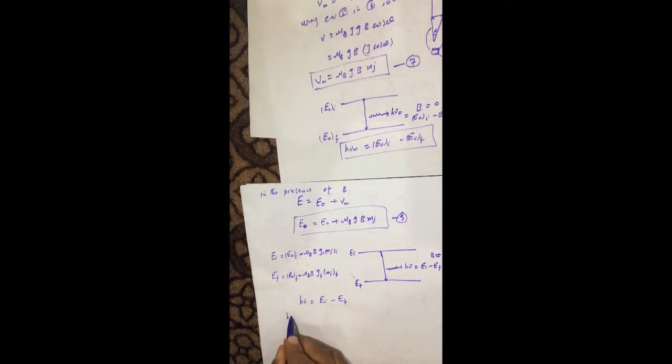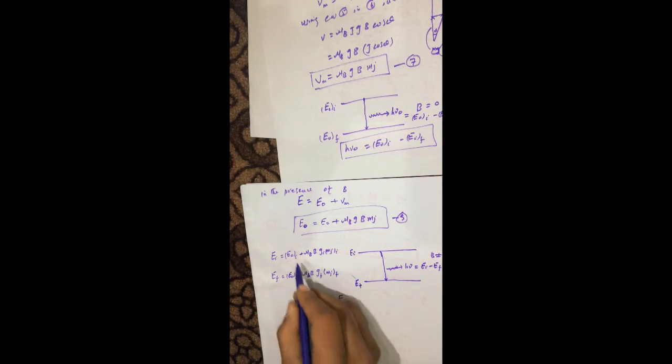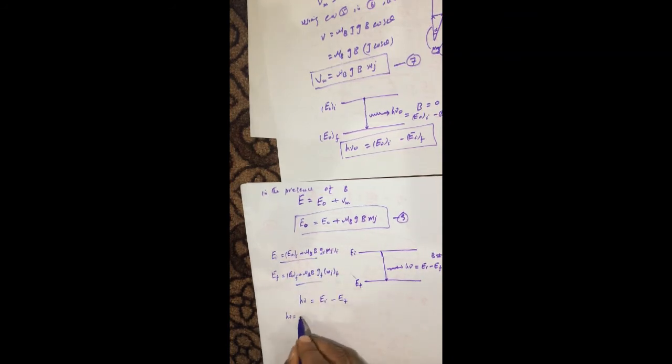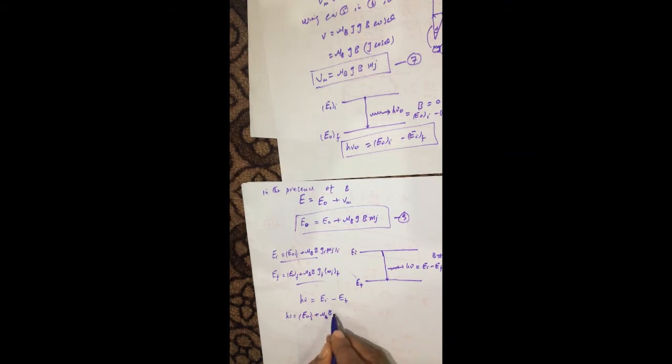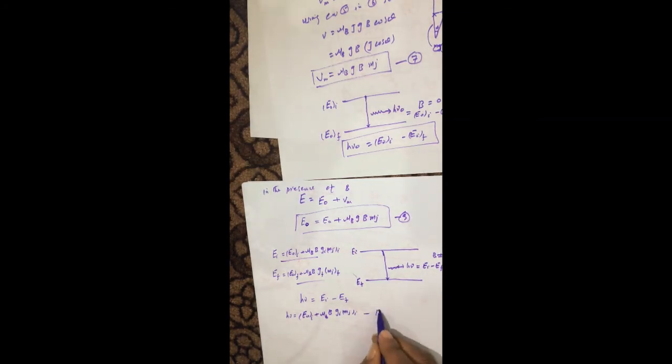Or we can say that h nu will be equal to, using these values, E naught I plus mu B B gI MJI minus E naught F minus mu B B gF MJF.